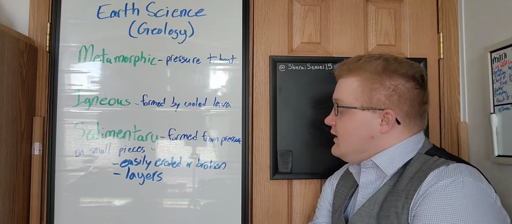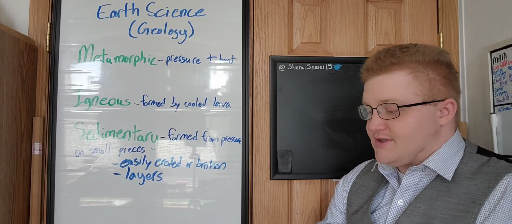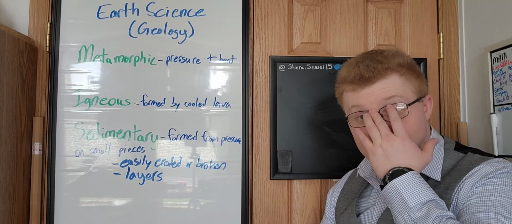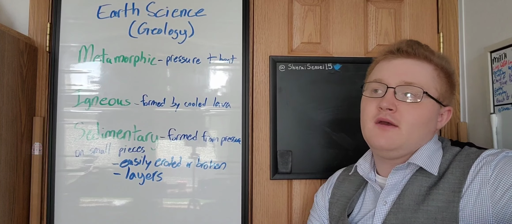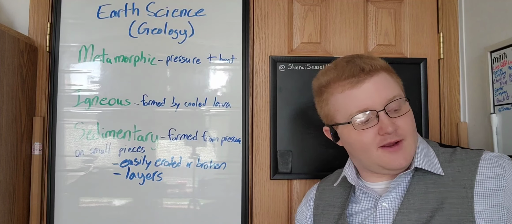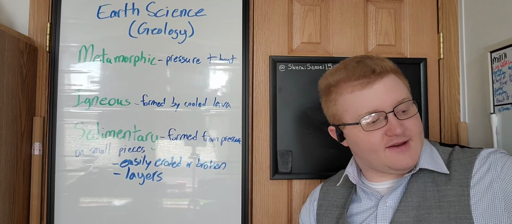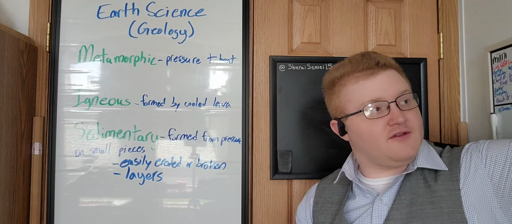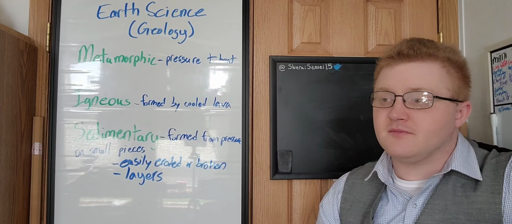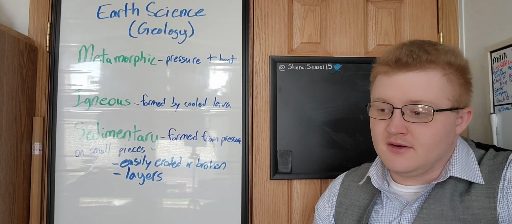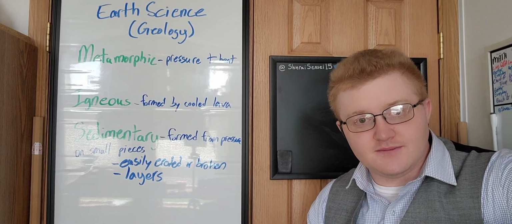So the layers are a result of, it's basically just imagine you have a time machine, right? And using that time machine, you go into the far-flung future. Let's say, I go 10 million years into the future.